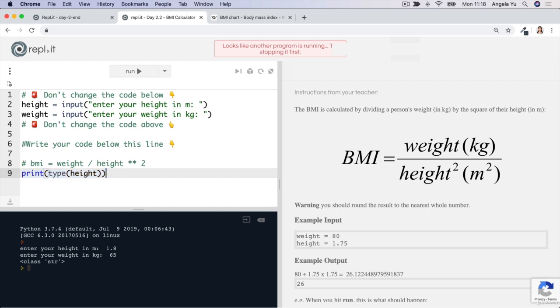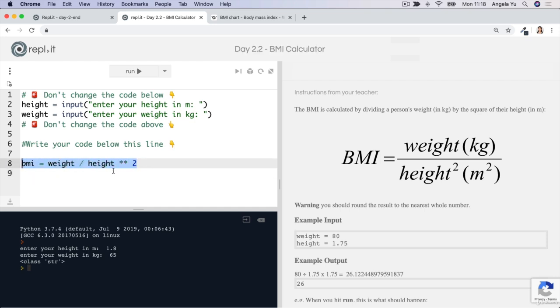Before we can run this equation and get the values we want, we have to convert the strings into other data types. Now, the weight is probably okay as an integer or a whole number because it's already pretty accurate, 80 kilos or 85 kilos. We don't necessarily need any decimal places.